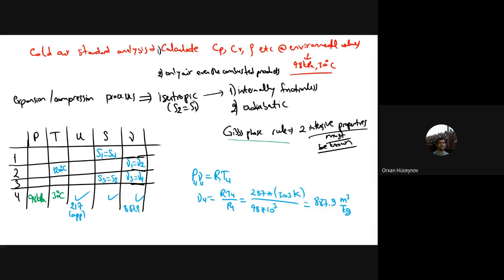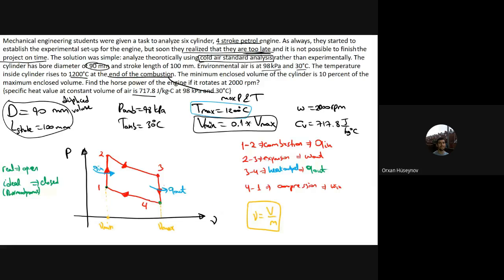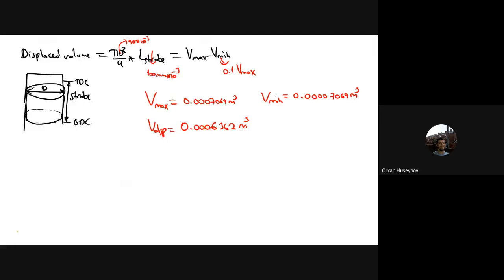The nu at state 4 is 887.9, and this nu value is the maximum nu. So to find the mass, I will work with state 4. The mass is constant, M4 is the same as M. The specific volume nu4 will be equal to the volume at state 4 divided by the mass, and from here nu max is the volume max divided by the mass.